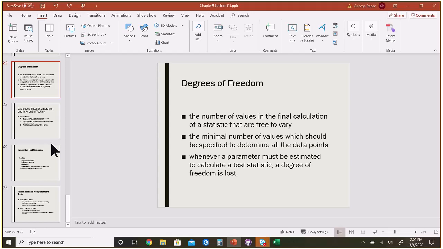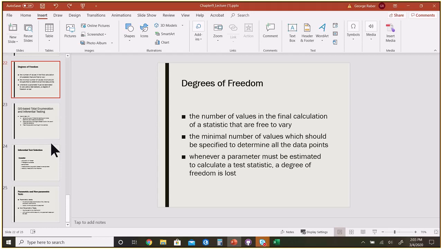You could think about each observation as a degree of freedom, because each observation that you have in your sample size is an opportunity for it to vary. Okay. So it's the minimal number of points which should be specified to determine all the data points. And that's actually why it's usually the number of samples minus 1.